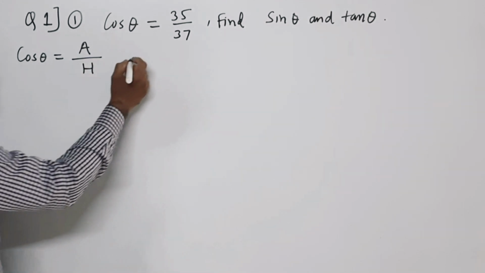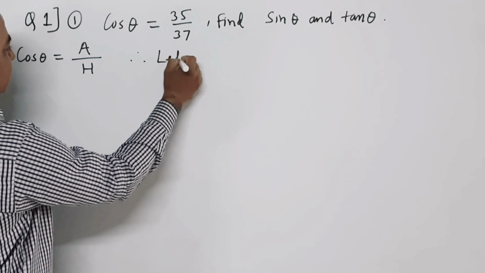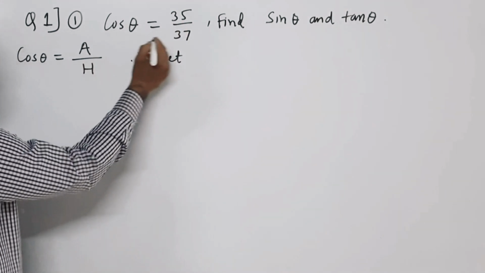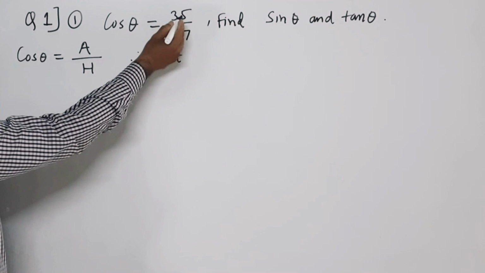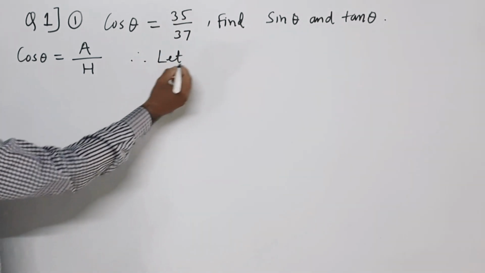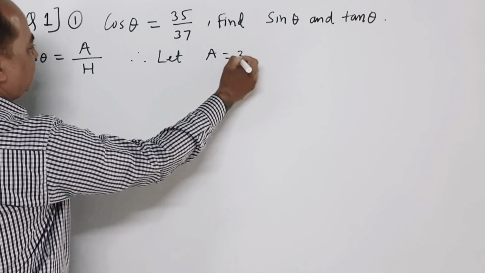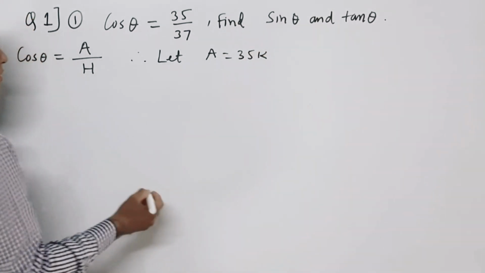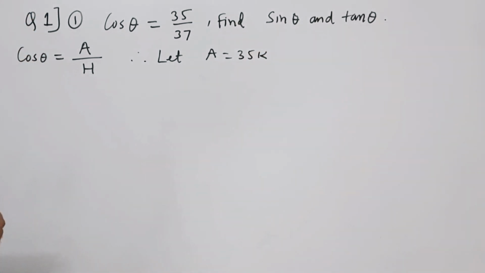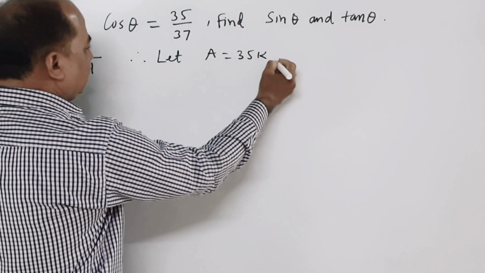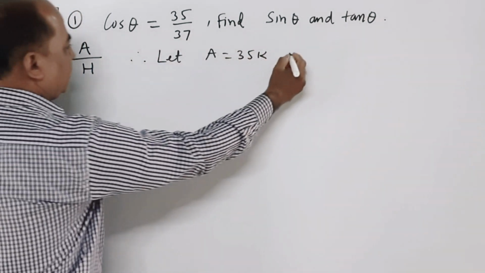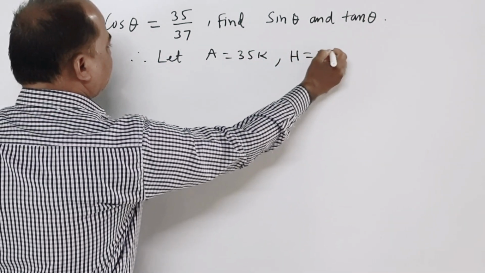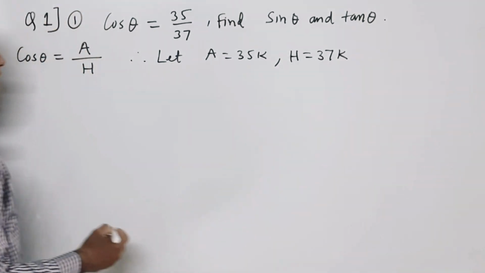Therefore, comparing these two ratios, here adjacent side upon hypotenuse, let adjacent side be 35k. Since the ratio is given, we take a common multiple k, and let the hypotenuse h be 37k.